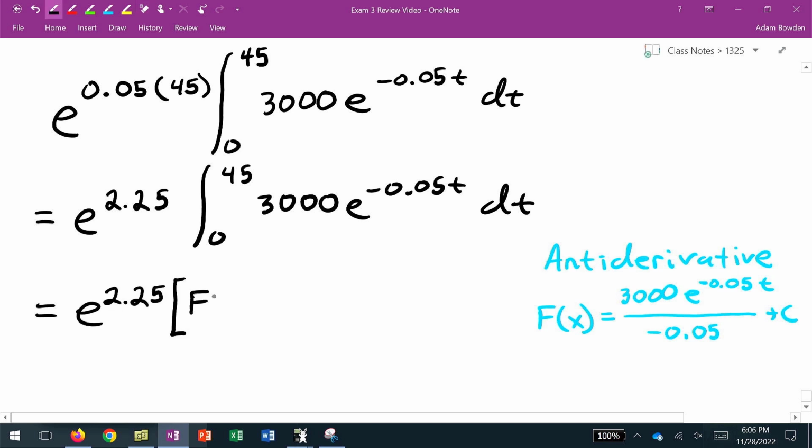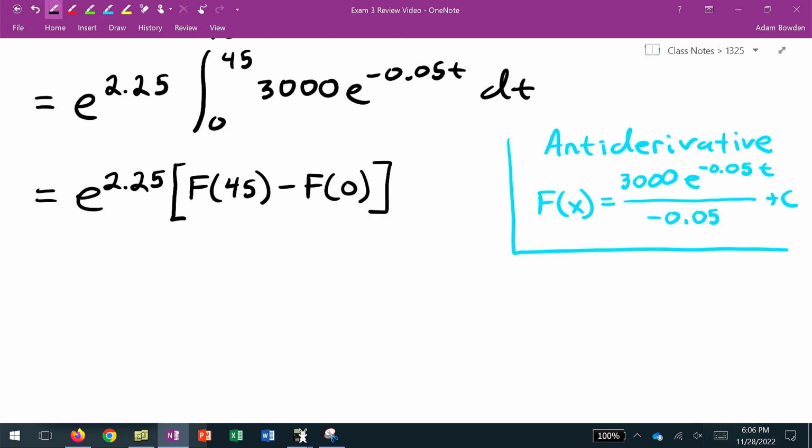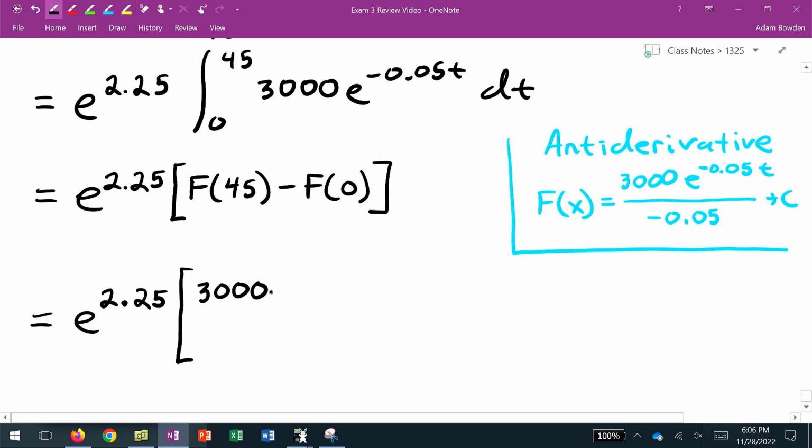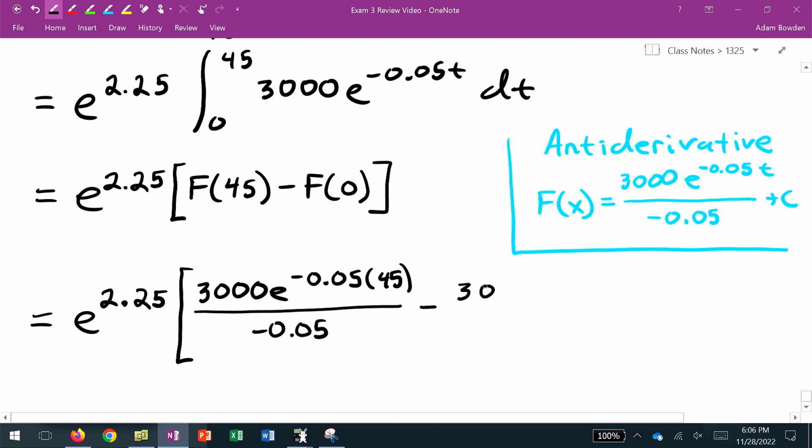Then we have to calculate the antiderivative, plug in 45, minus, plug in 0, and see what happens. So it's going to look like e raised to the 2.25. Then we'll have 3,000 e raised to the negative 0.05 times 45 divided by negative 0.05 minus 3,000 e raised to the negative 0.05 times 0 divided by negative 0.05.